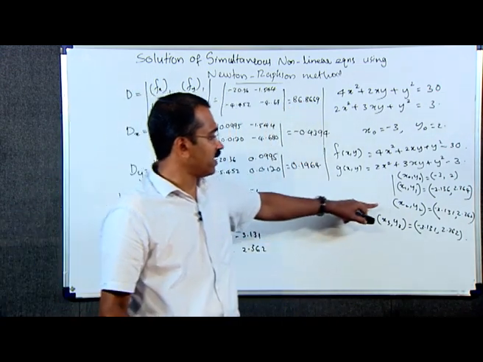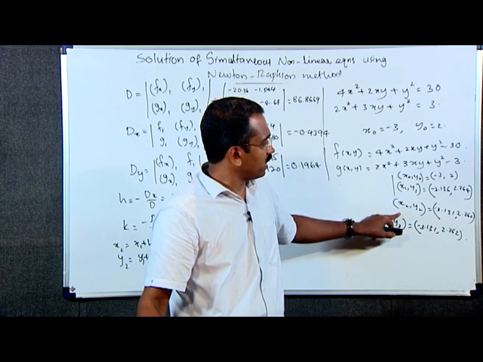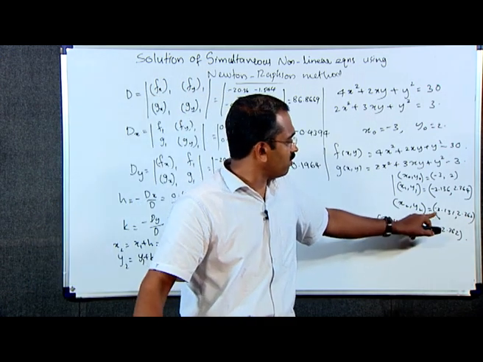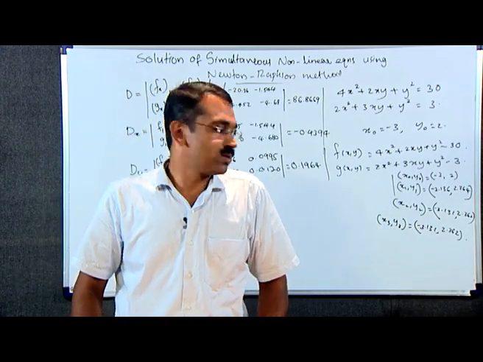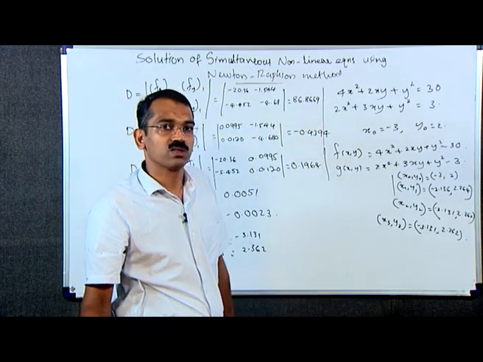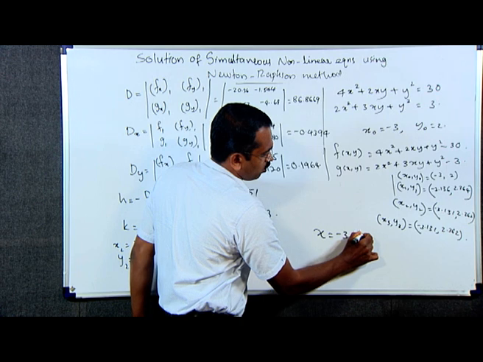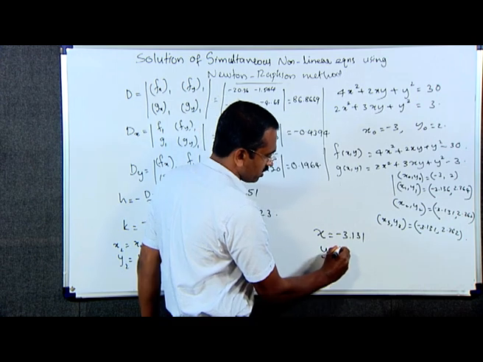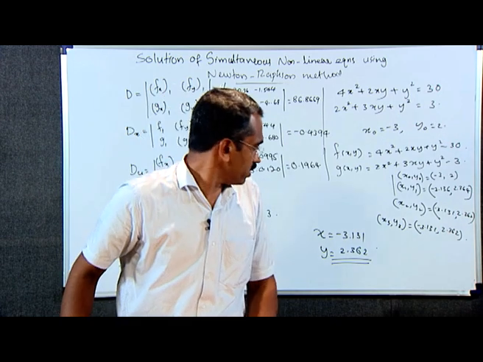From the second and third iterations, we can conclude that the approximate values of x and y are approximately the same. Therefore, the required solution of this system correct to 3 decimal places is x equal to minus 3.131 and y equal to 2.362, which is the required solution.